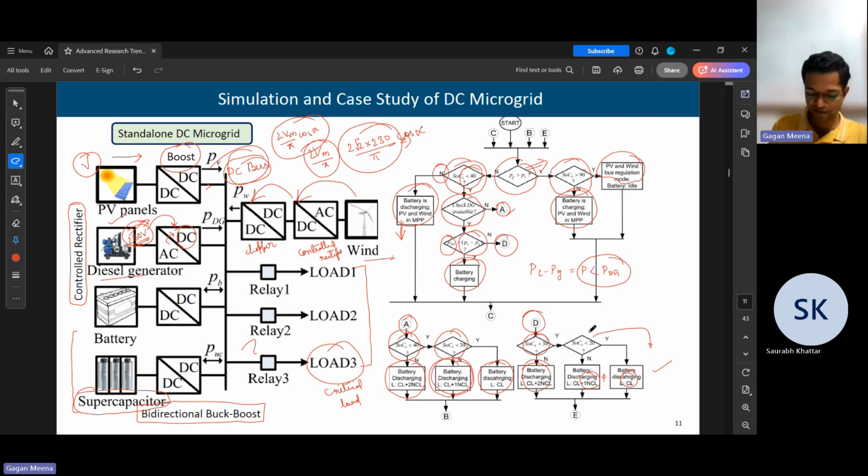So this is the way we cover all the different scenarios which can happen, and in all the scenarios, our aim is to supply the critical load. And for that, this strategy is designed.